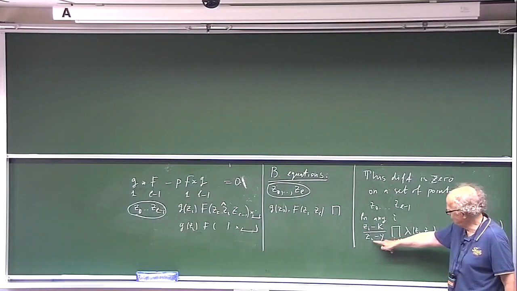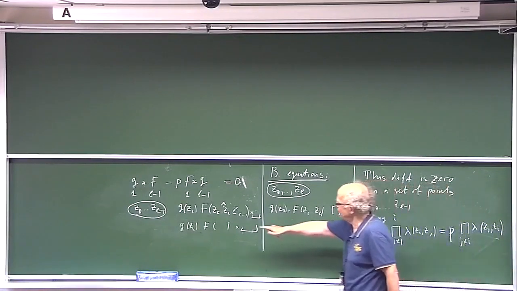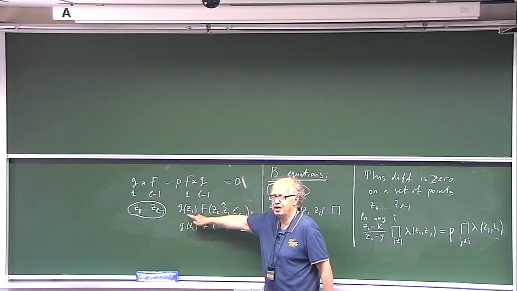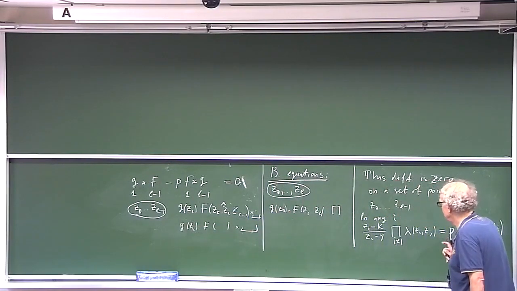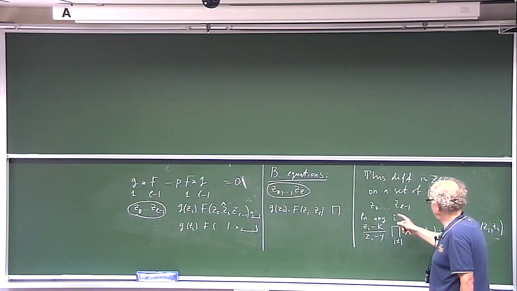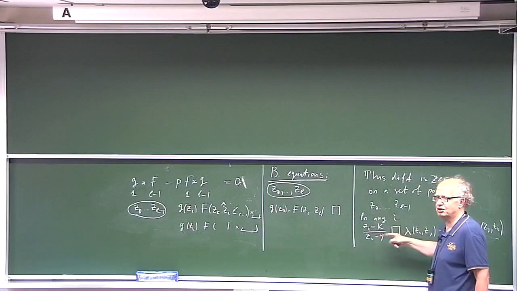For each choice of this I, we have such an equation. And well, we have a variable and an equation of such sort.